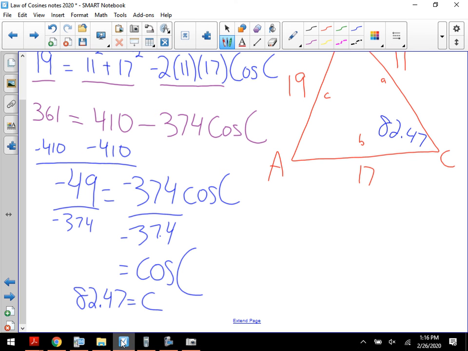Which angle do you have to find next? A or B? B. You just use law of sines now to find angle B. So you switch gears, you rewrite it in terms of sines, because you have your angle and opposite.